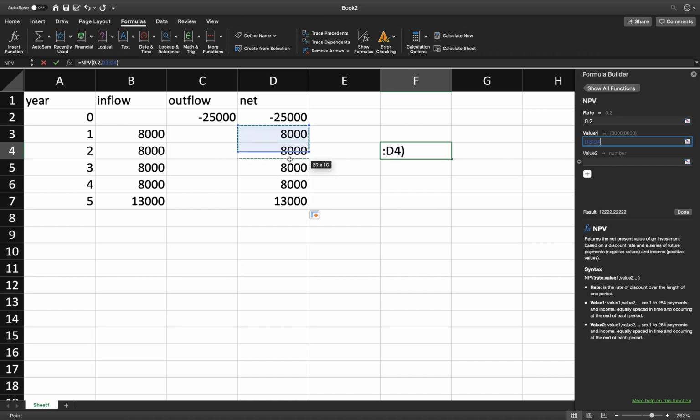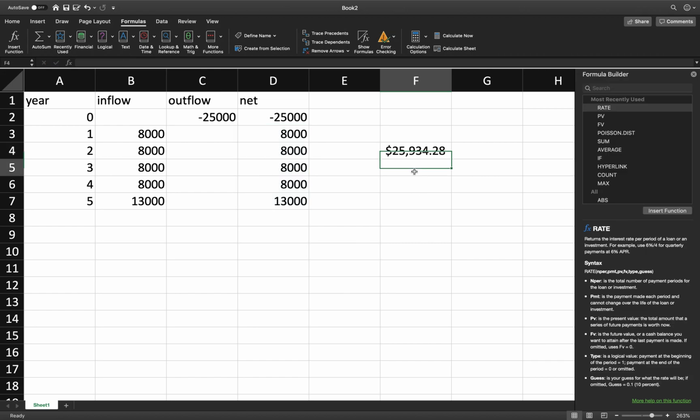Select year one, right? So I select $8,000 to $13,000, and you can see the result is $25,934, right? That's the value here. Then obviously your present worth will be this plus this, which gives you $900.